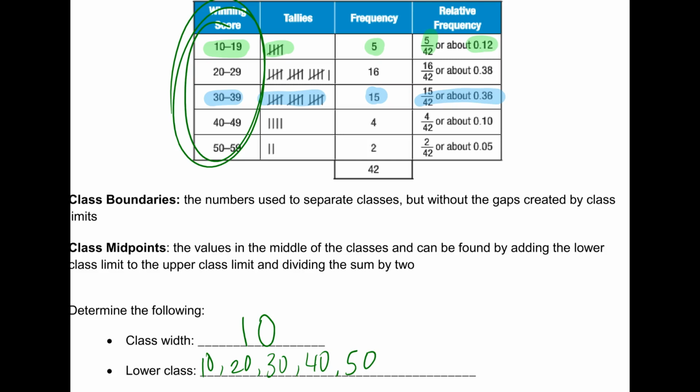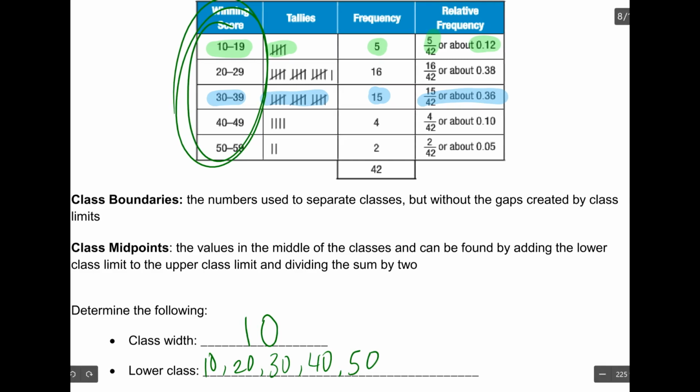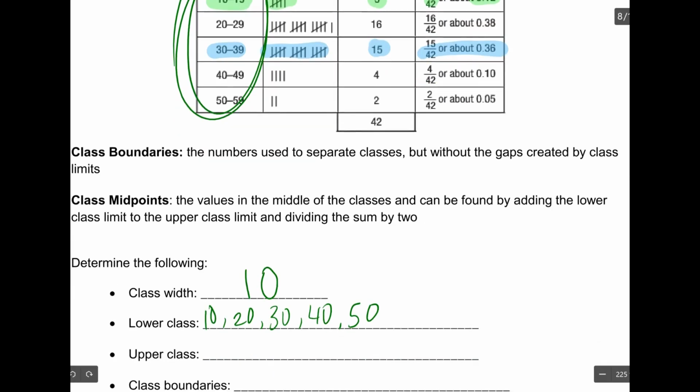Now if you do 10, 11, 12, 13, 14, 15, 16, 17, 18, 19, that is 10 numbers. Literally each class width is 10. The lower class limits are literally the first numbers, and the higher class limits are the higher numbers of each class.